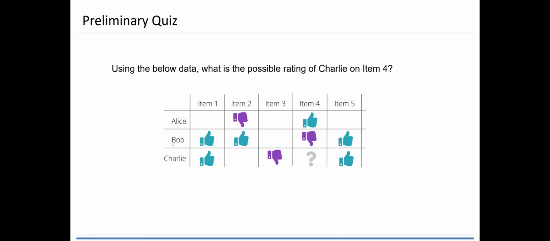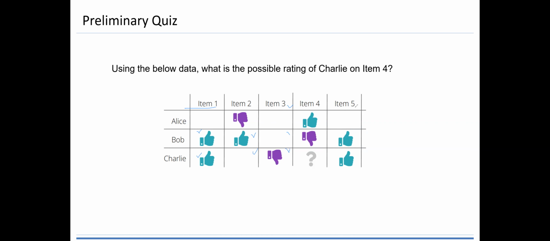Okay, let's look at Bob's data. Charlie and Bob share the same rating on item 1. How about item 2? On item 2, only Bob has data, but Charlie does not. On item 3, Bob does not have any data, but Charlie has the data.